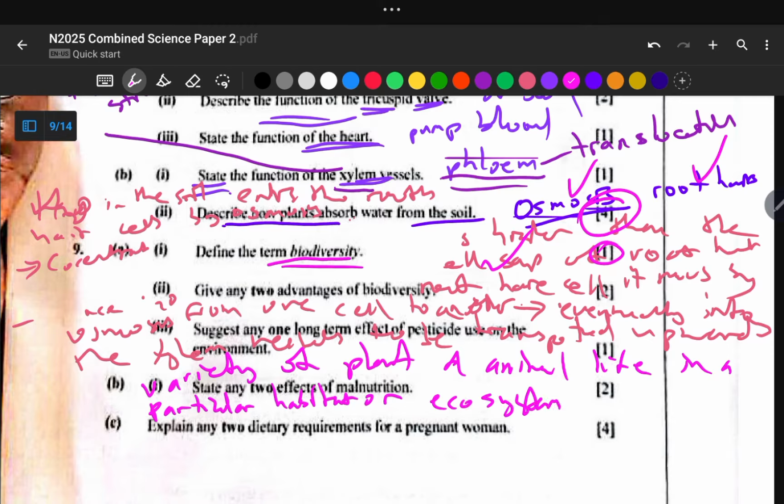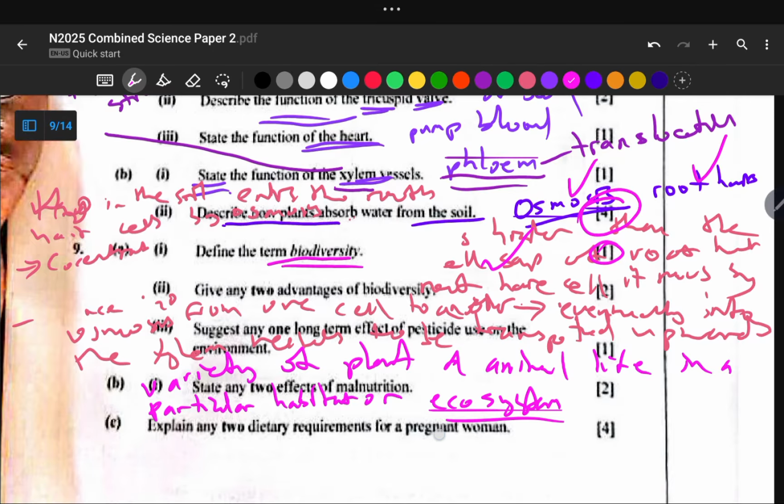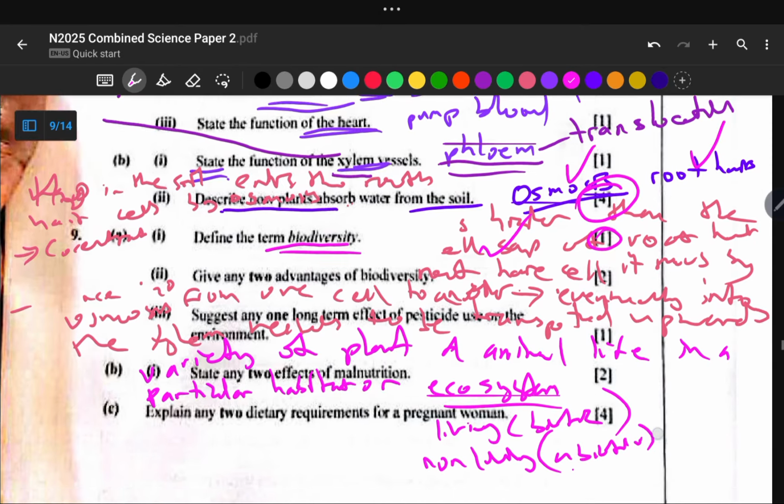So you need to know the definition of the term ecosystem. Ecosystem is defined as a community of living organisms, living at times biotic, interacting with each other in their non-living abiotic environment. This is the definition of ecosystem, right? And then you are good to go.